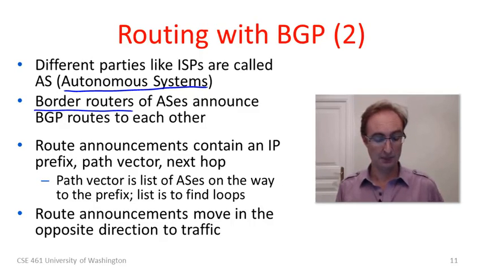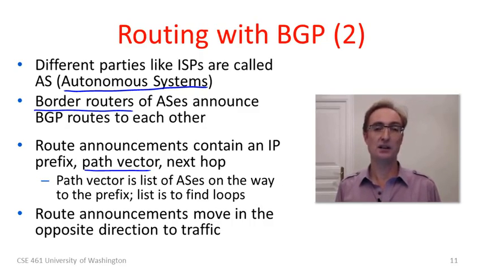The route announcements, which are sent out by the border routers in this network, are going to contain really what we saw in the previous figure. A prefix, the next hop, and this path vector instead of a distance. This path vector is simply a list of the ASs, autonomous systems, you have to go through on the way from where you are as the traffic goes through the network following that path in reverse to reach the prefix.